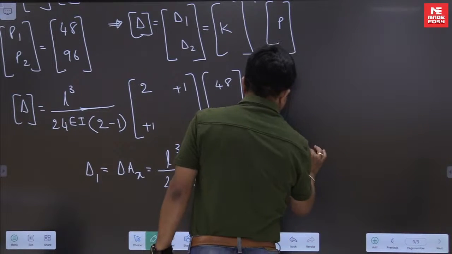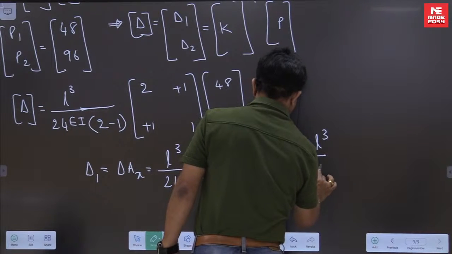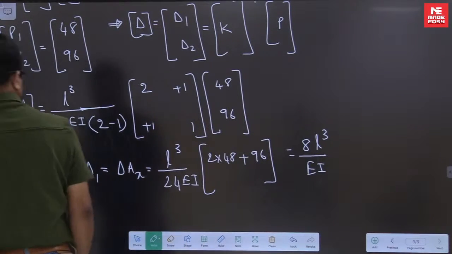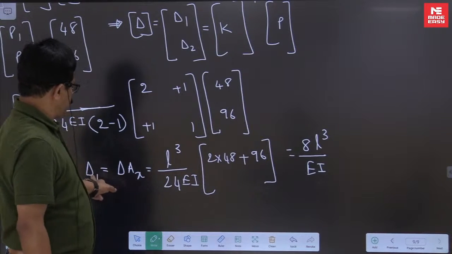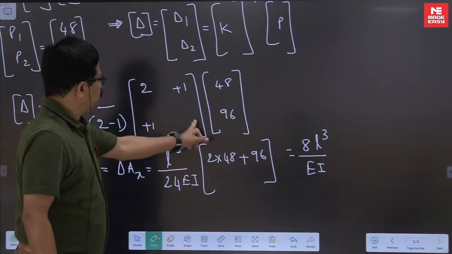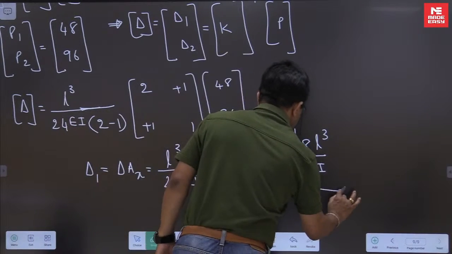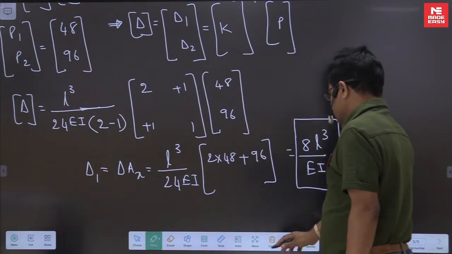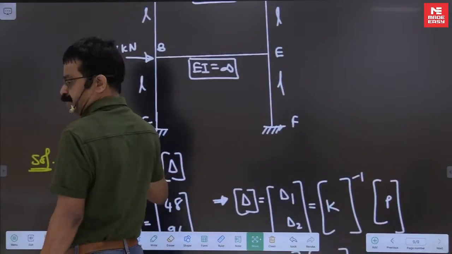So 8 L cube by EI. That's all. Delta 2, if you want delta 2, then this and this you have to multiply. That we know. So this is the answer: 8 L cube by EI.